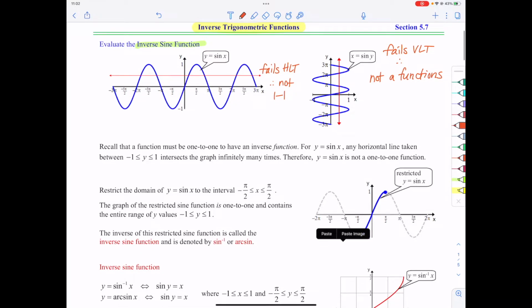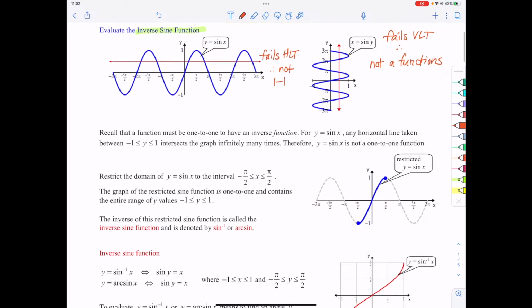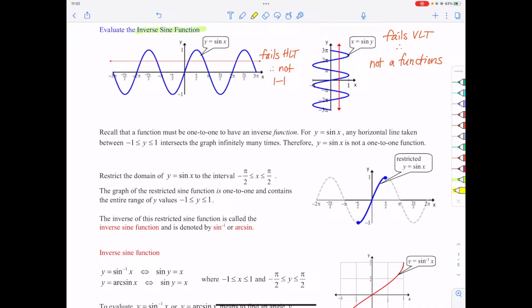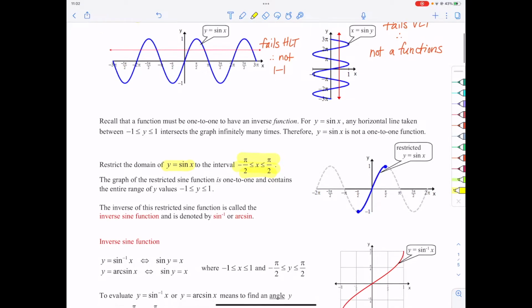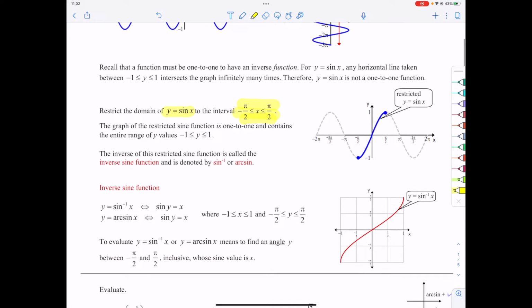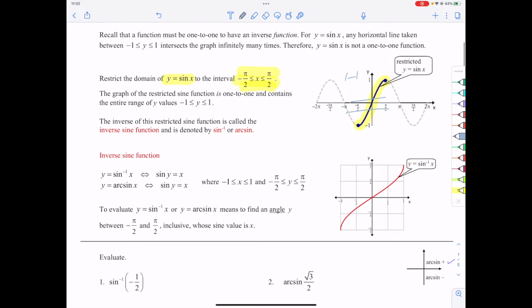So we have to restrict the domain of y equal to sine of x, and we will restrict it between negative pi over 2 and pi over 2. So as you can see, we have this beautiful graph now that is one-to-one. Therefore, an inverse function exists, and we do have a function.